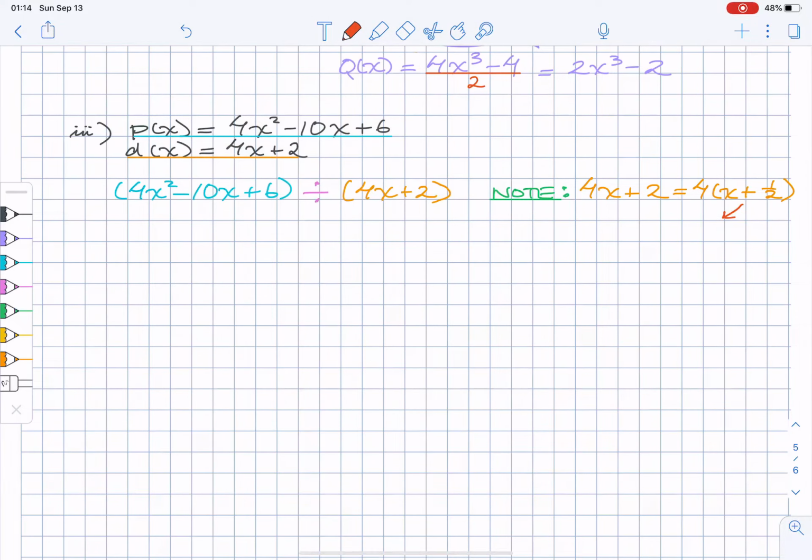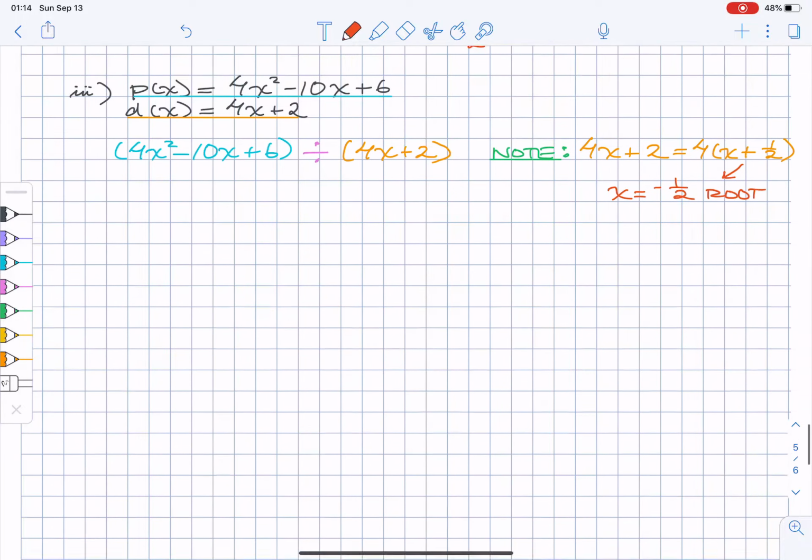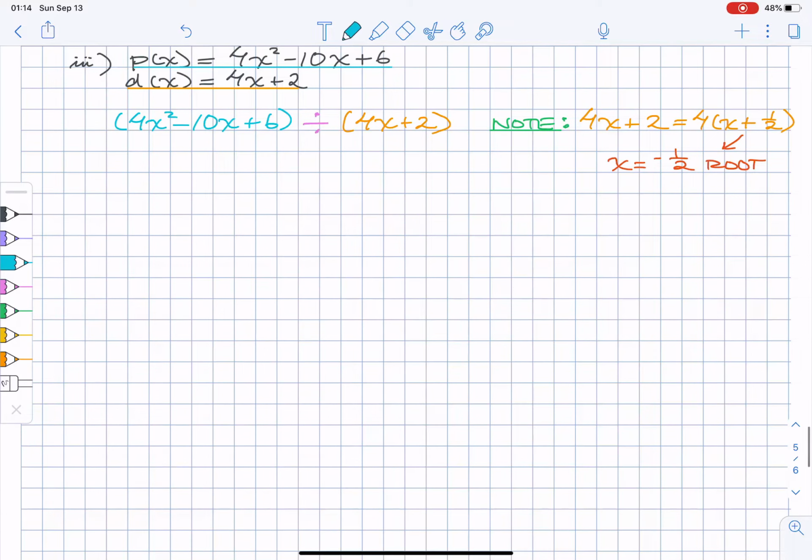So I claim that x equals -1/2 is the root. But for now, let's do our regular polynomial long division. So we have 4x plus 2 into 4x squared minus 10x plus 6.